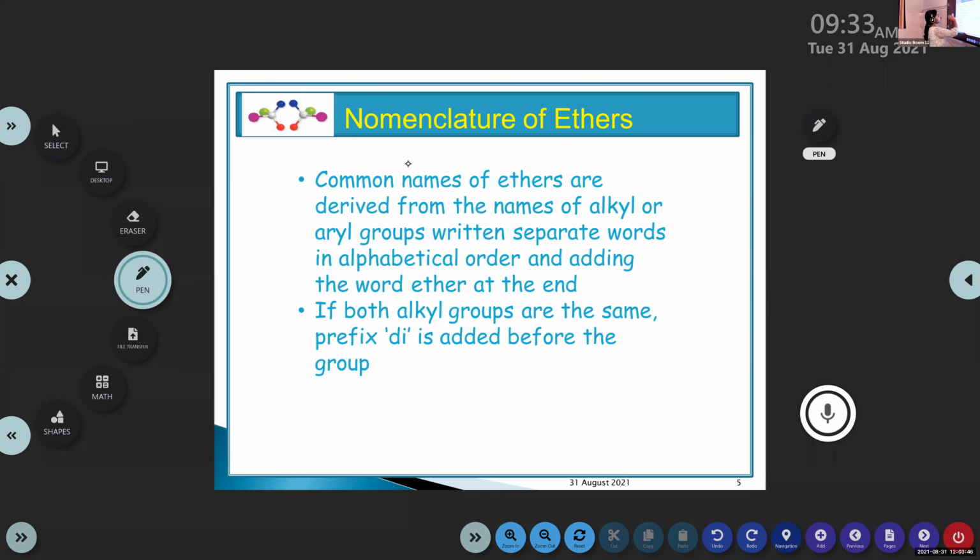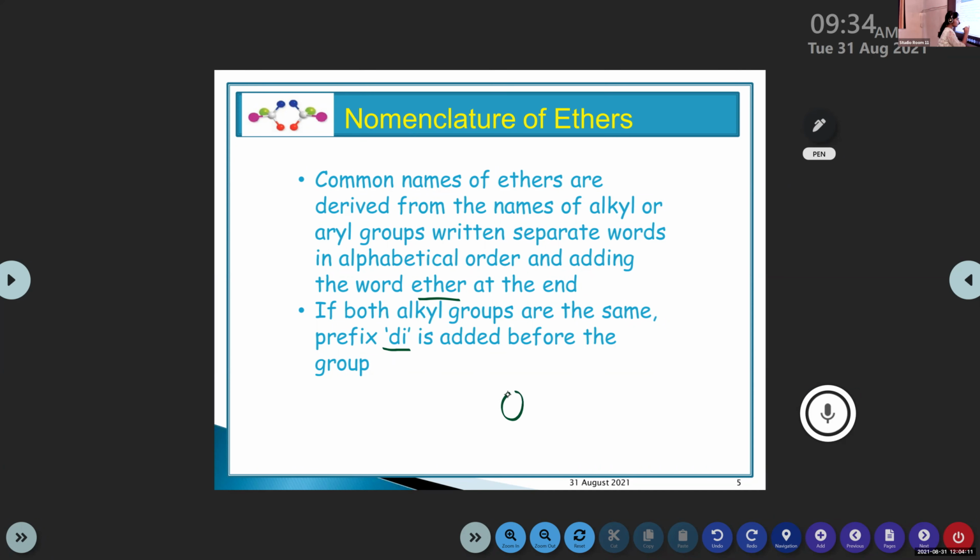So the first point, common names of ethers are derived from the names of alkyl or aryl groups, written as separate words in alphabetical order, and adding the word ether to it. If both alkyl groups are the same, we will use the prefix di. In ethers, there will be one oxygen and two alkyl groups on both sides of this oxygen.